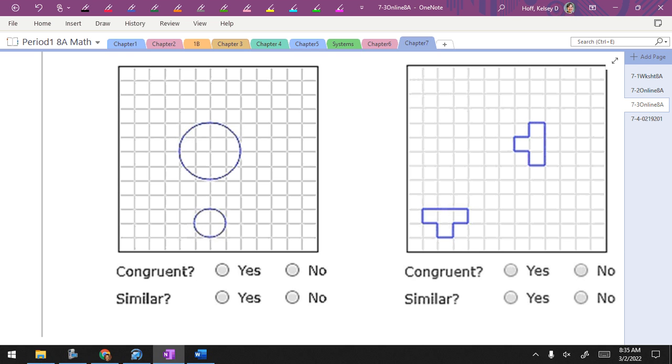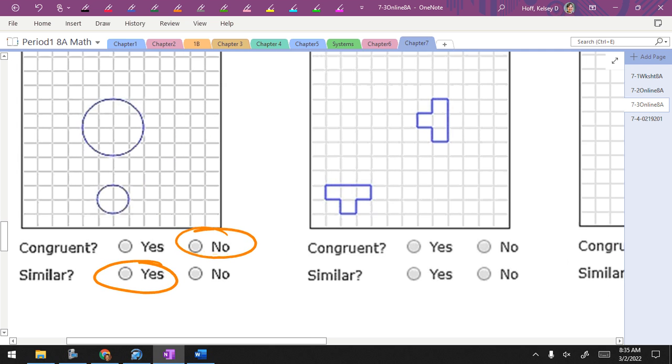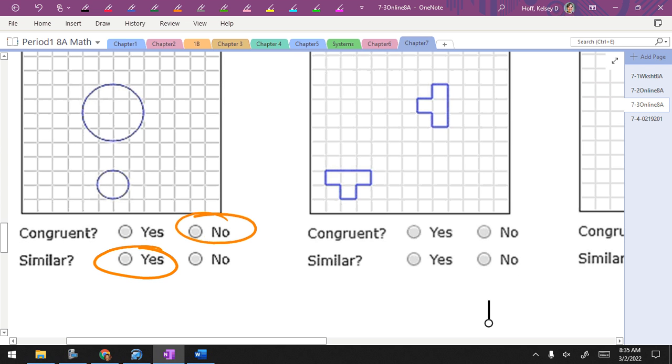Why not? Different size. Very good. No. Similar means same shape, but a different size. Yes. Okay. How about in the middle? They're congruent? They're the exact same shape and same size?